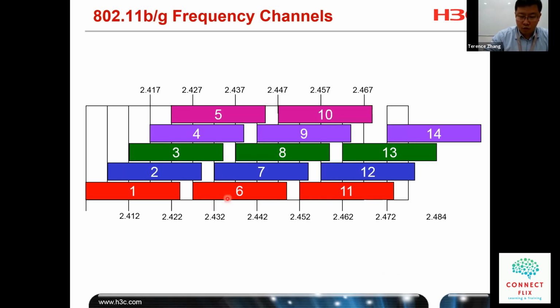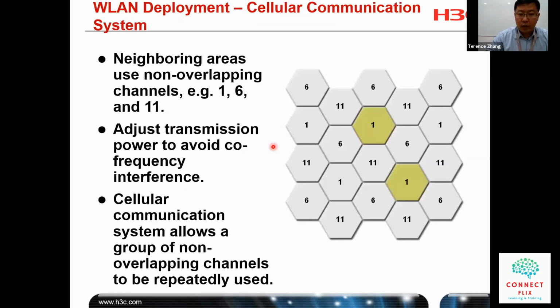But for this picture, the information is key, because for the WLAN protocol, the standard divides the frequency that Wi-Fi uses into different frequency channels, right? So the channel map is like this. But the key point is not to remember the frequency range, but to know how to deploy a cellular communication system.